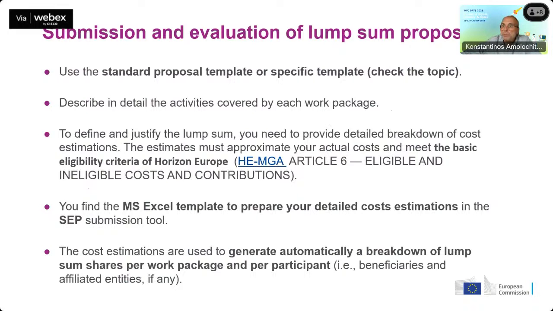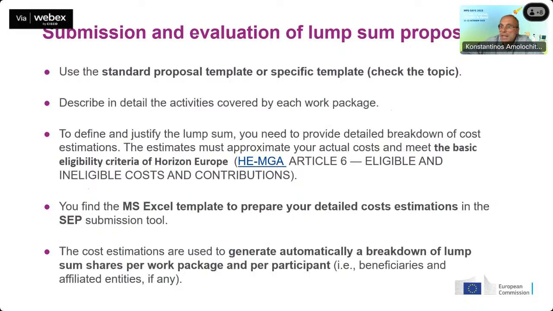It's important to describe in detail the activities covered in the work packages, to define and justify the breakdown of the cost, and make sure that your costs are actual and of course eligible. You can see that through the Horizon Europe model grant agreement, especially under Article 6, where you have all the specific information to help you understand the eligibility of the costs.